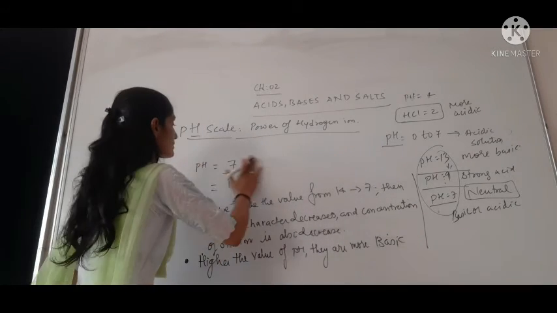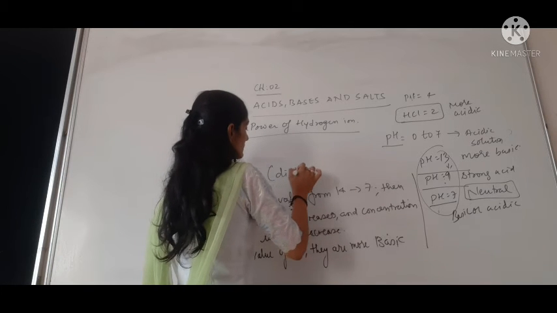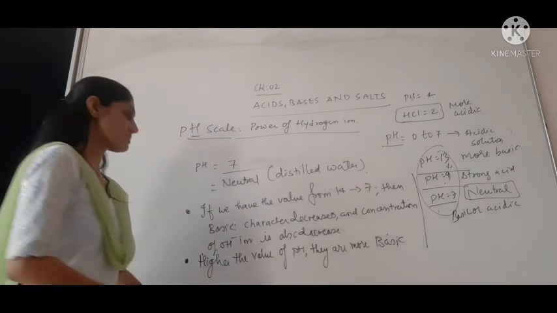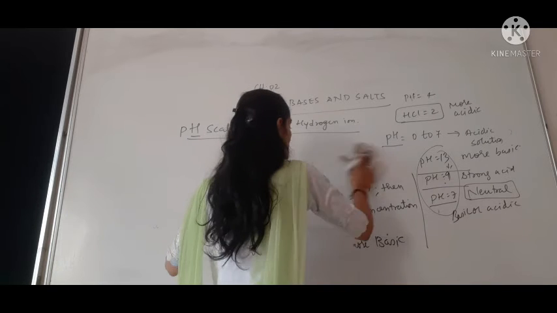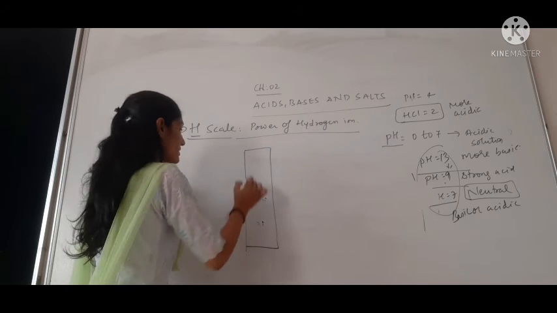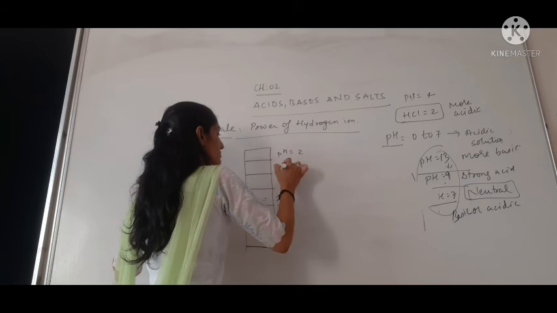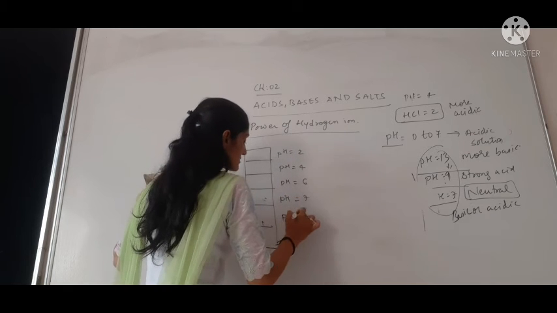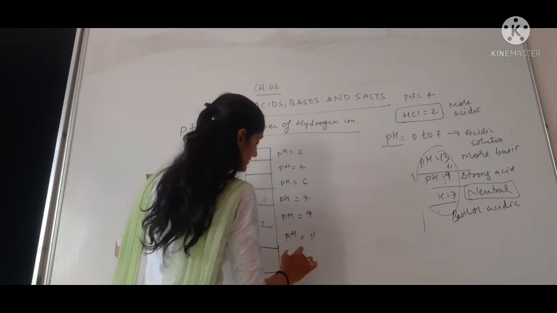Now if pH is equal to 7, then it is known as neutral solution. So we can say that distilled water is considered as a neutral solution. Now we have just talked about what we are using in the laboratory. We are using pH paper. So pH paper is one particular type of paper strip where you have the color for particular pH. pH starts from 2, pH 4, pH 6, pH 7, pH 9, pH 11, pH 14.